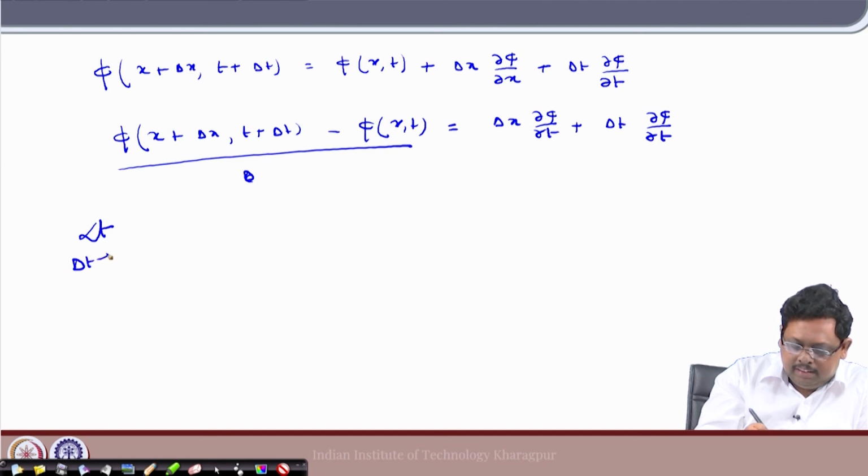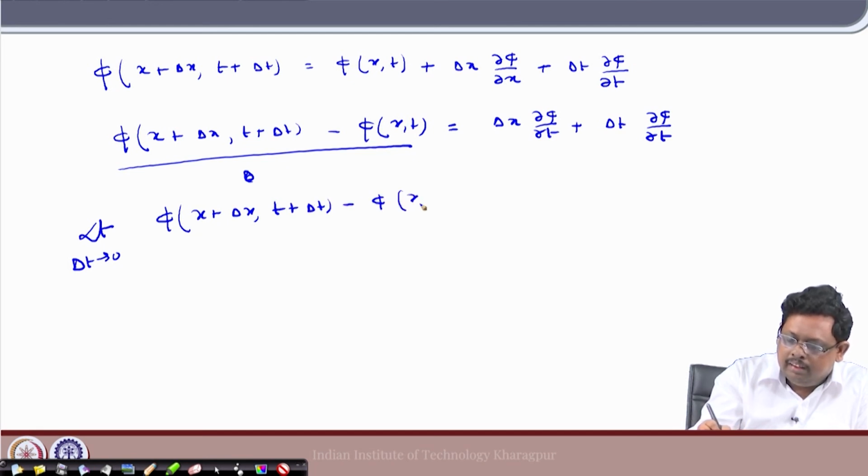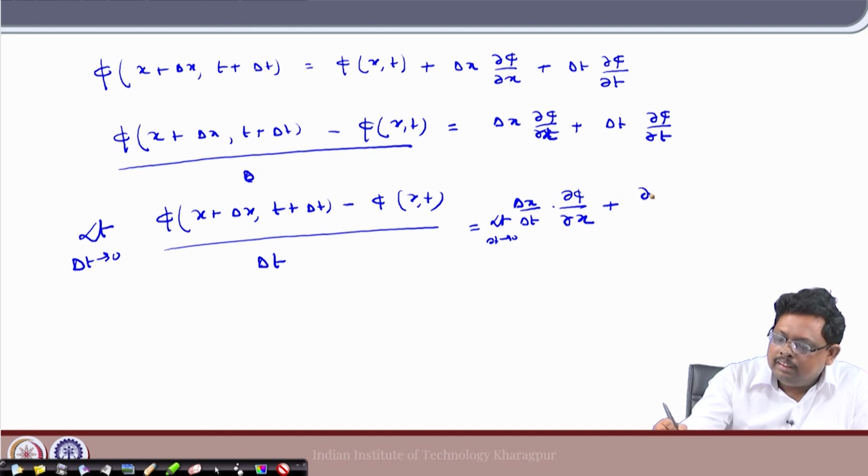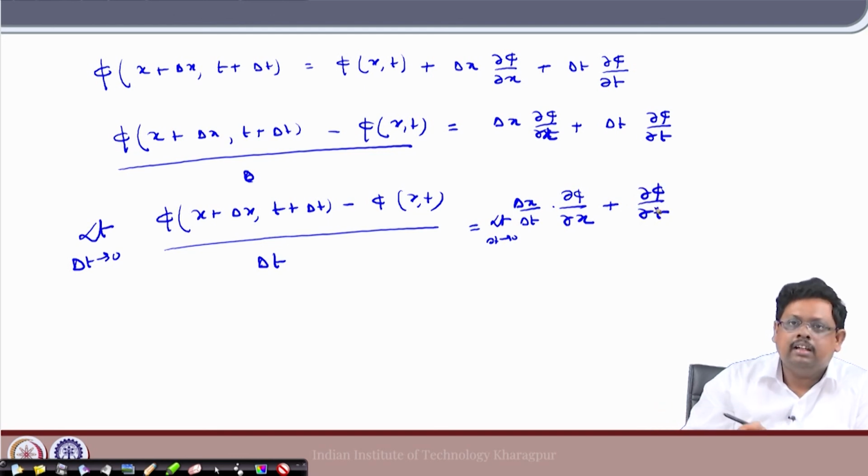So, I have the limit delta t tending to 0 of phi of x plus delta x comma t plus delta t minus phi of x comma t, divided by delta t, and this equals, when you take the limit, del x del t into del phi del x plus del phi del t.